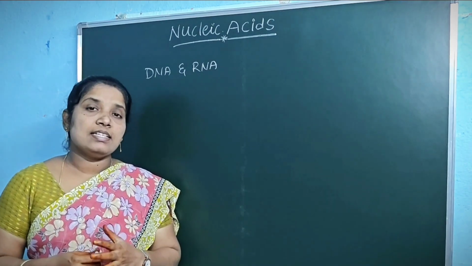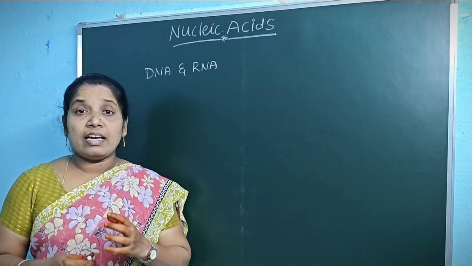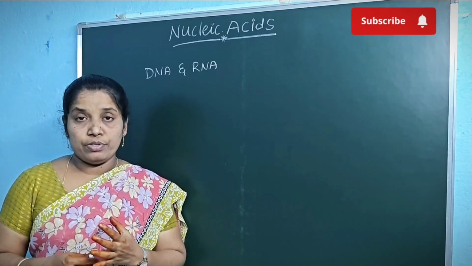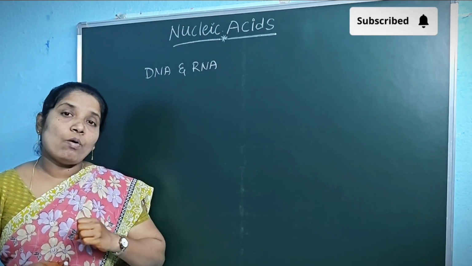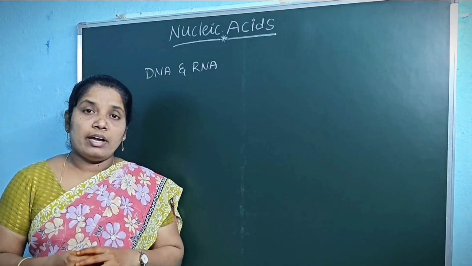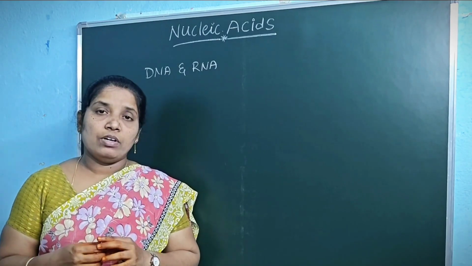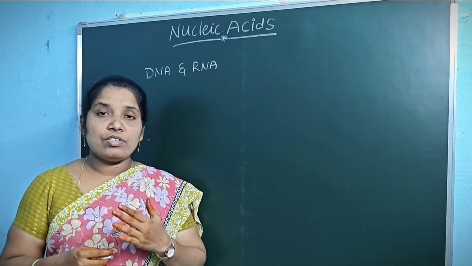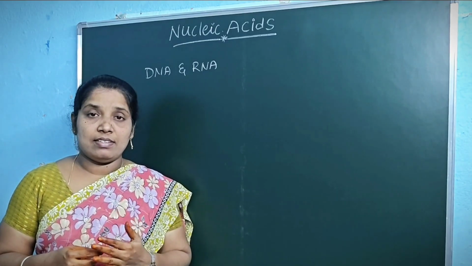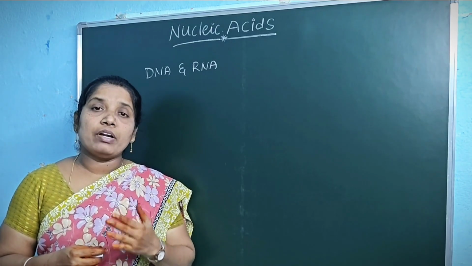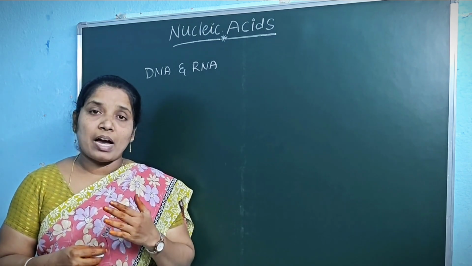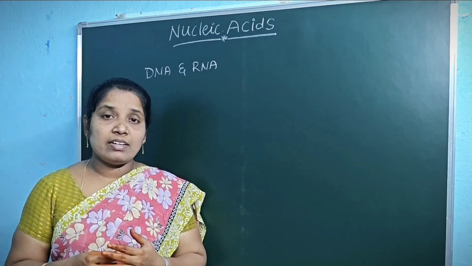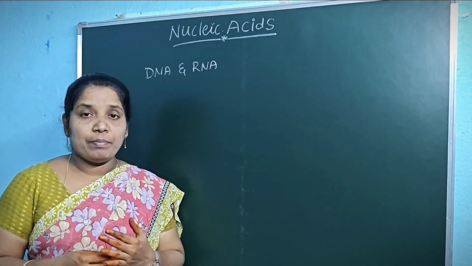So nucleic acids are complex informational biomolecules. They are present in all living organisms and also viruses. They were first discovered and isolated from pus cells, obtained from discarded hospital bandages by a scientist called Friedrich Miescher.